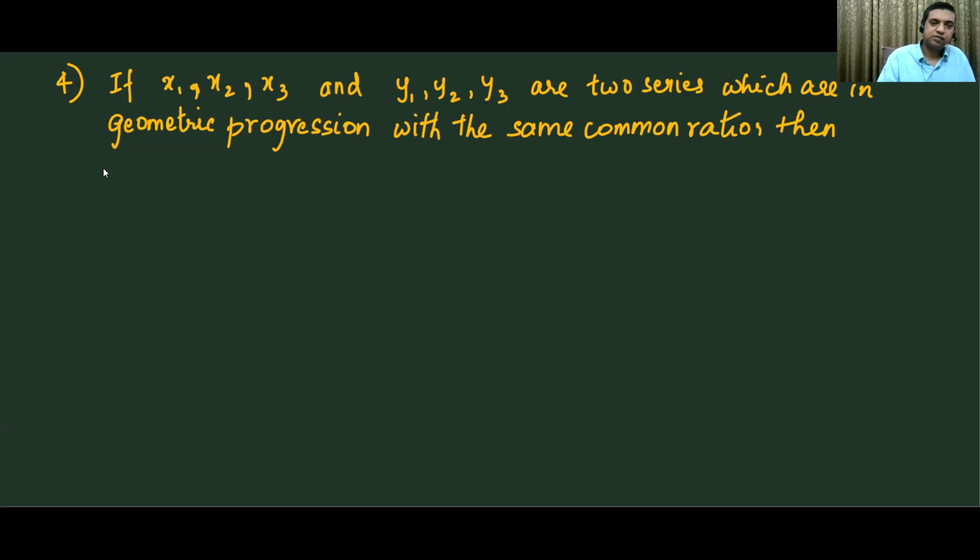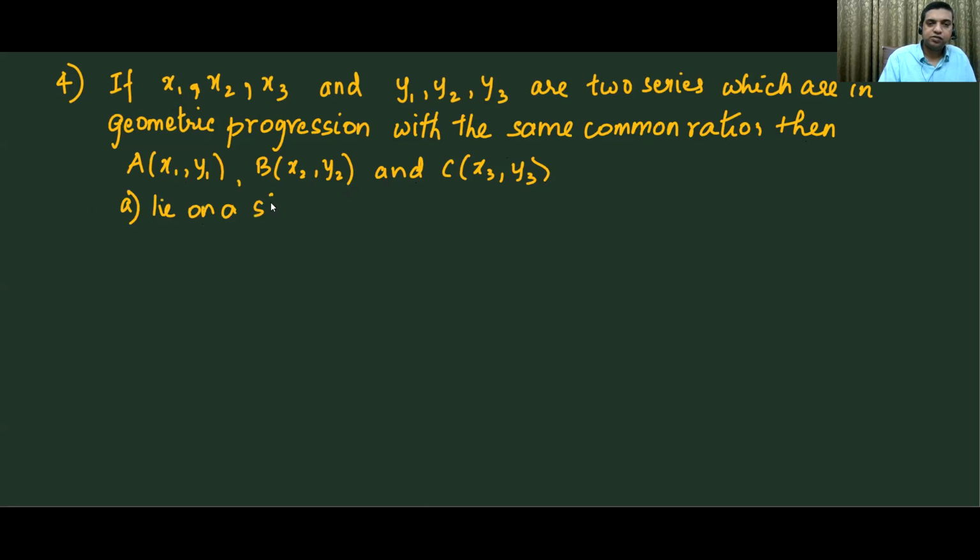Then A (x1, y1), B (x2, y2), and C (x3, y3) are, okay, options: lie on a straight line, lie on a circle, lie on an ellipse.